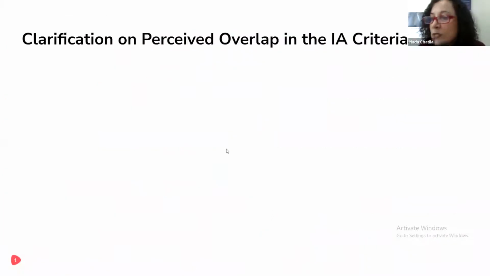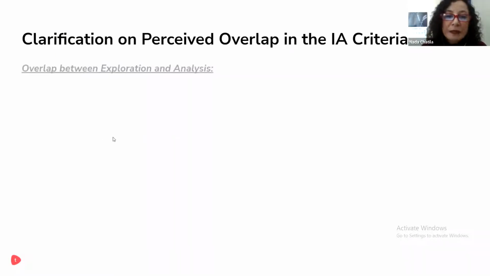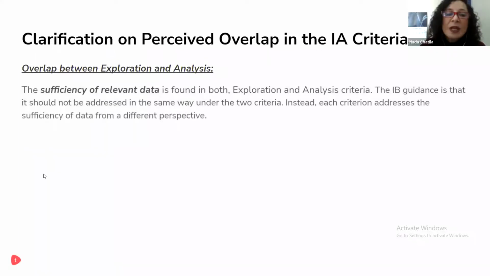Here I would like to pause and address a perceived overlap between exploration and analysis. You may have noticed that the term sufficiency of relevant data is found in both exploration and analysis. Is that an overlap? The IB says no, this is not an overlap.